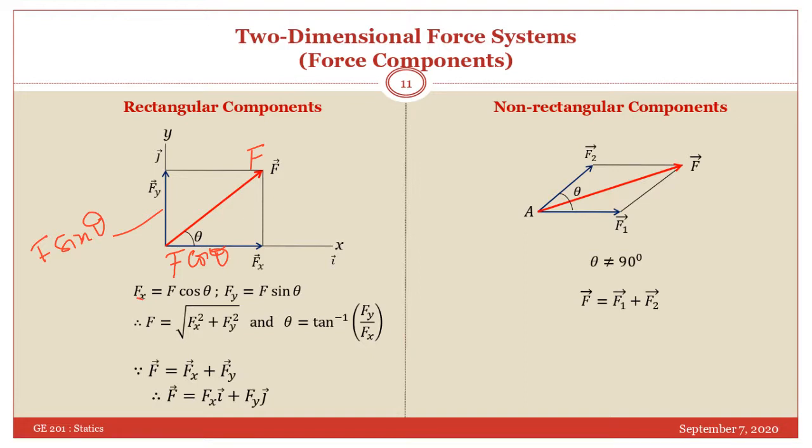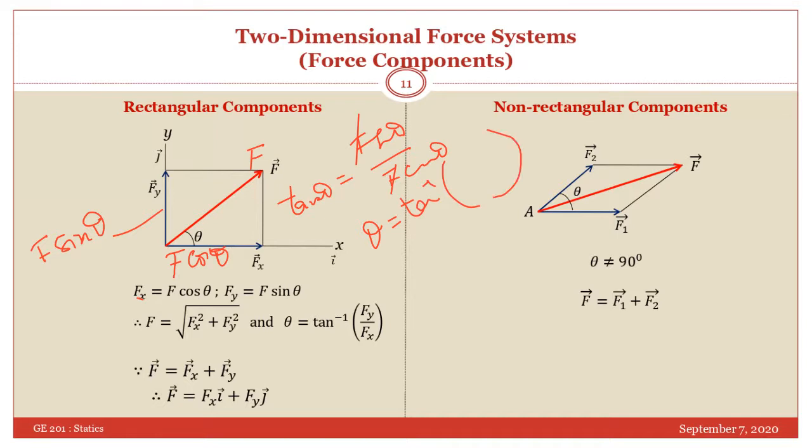So the total force will definitely be F equals the square root of Fx square plus Fy square. That means F cosine theta whole square plus F sine theta whole square. And you can also find the tan theta. This upon this is equal to F sine theta, and this is equal to F cosine theta. So this cancels, sine theta over cos theta. So from here you can get theta as tan inverse of this value. Okay.